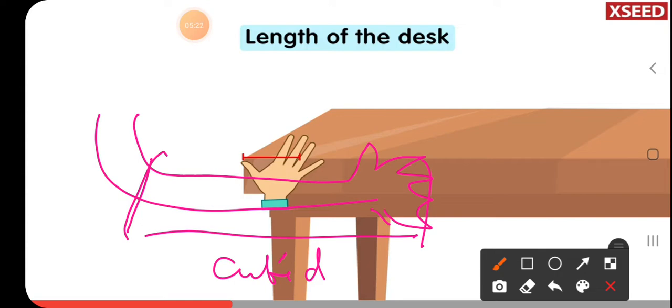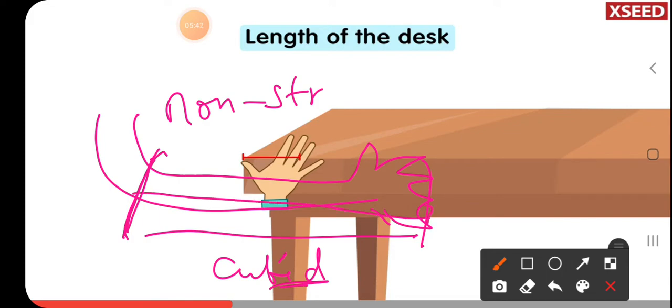Even now, garland sellers use the cubit to measure the length of the garland. So the cubit is also a non-standard unit of measuring, measured from the elbow region till the tip of your fingers.